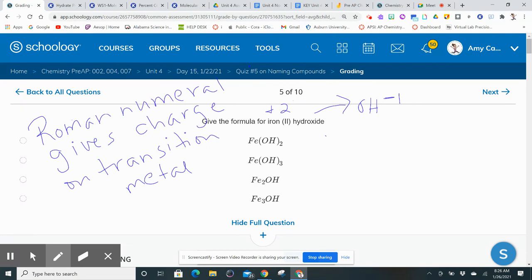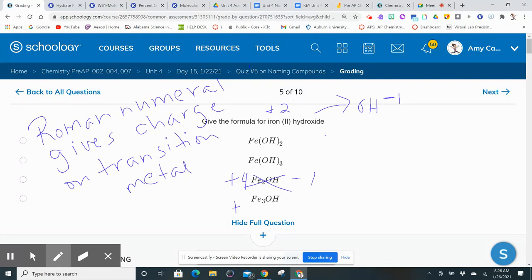that means they have to balance out, right? So, would I have more hydroxides or more irons? Do I need more hydroxides? So I'm not going to have 2 irons. That would mean this is a +2, +4, and a -1.